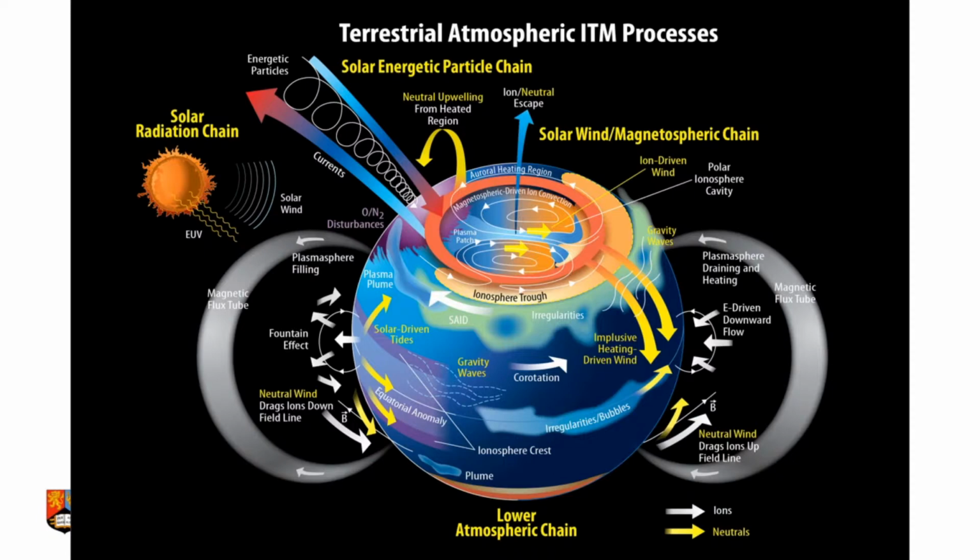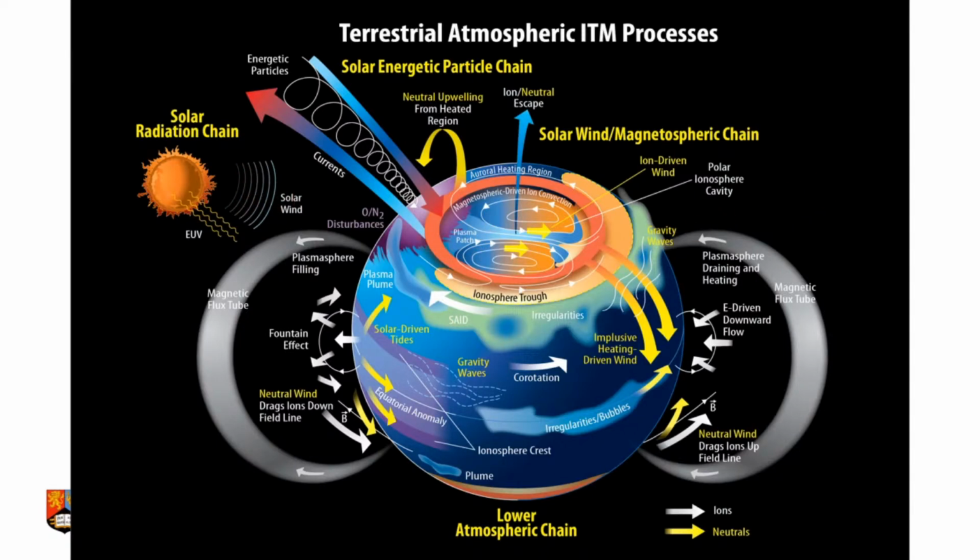Unfortunately, the complexity of the ionosphere doesn't end there. The ionosphere is a horribly, or maybe fantastically, coupled system where we have photoionization from the sun, solar energetic particles, and interactions with the Earth's magnetic field.